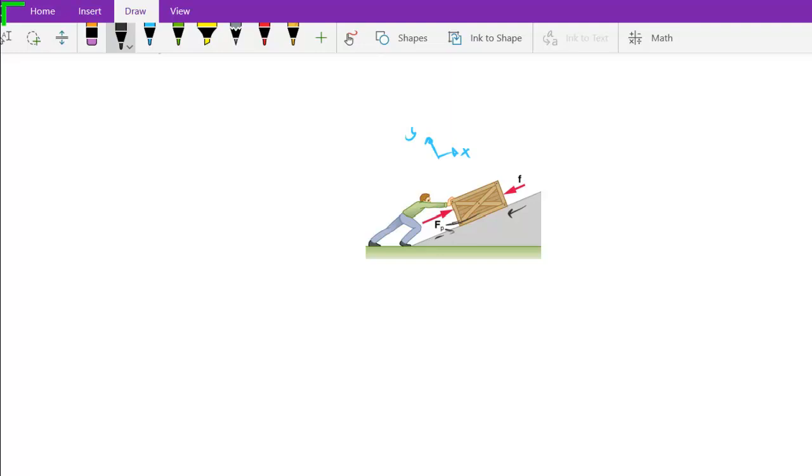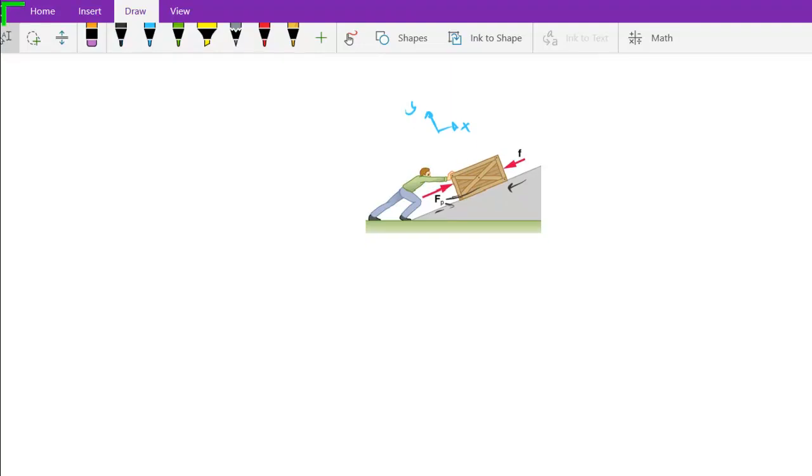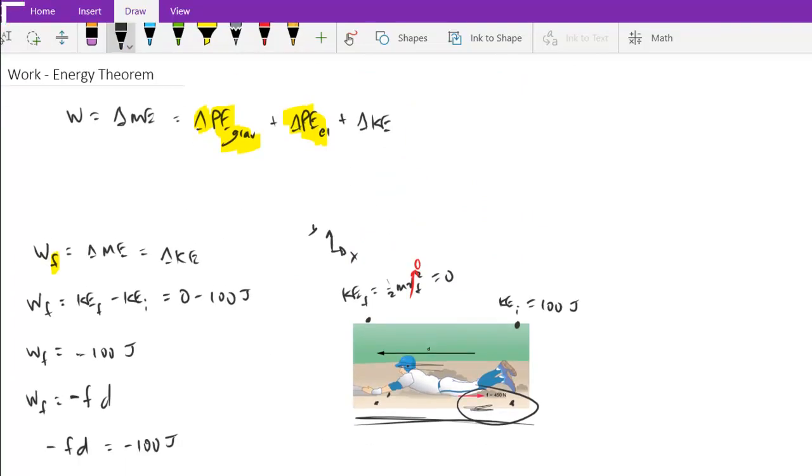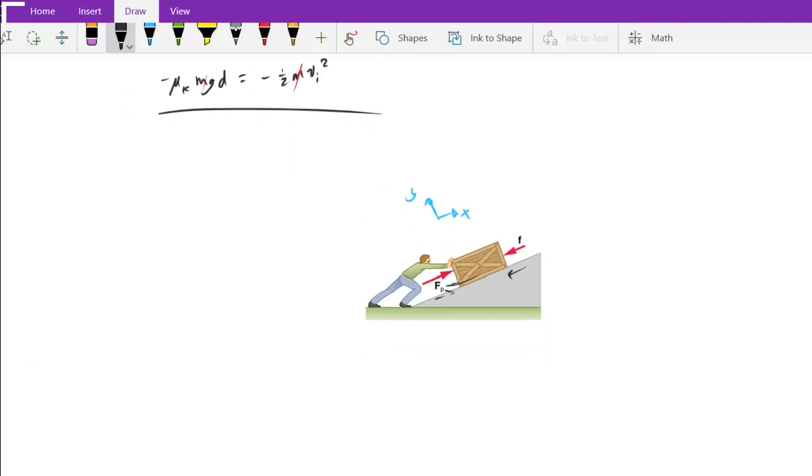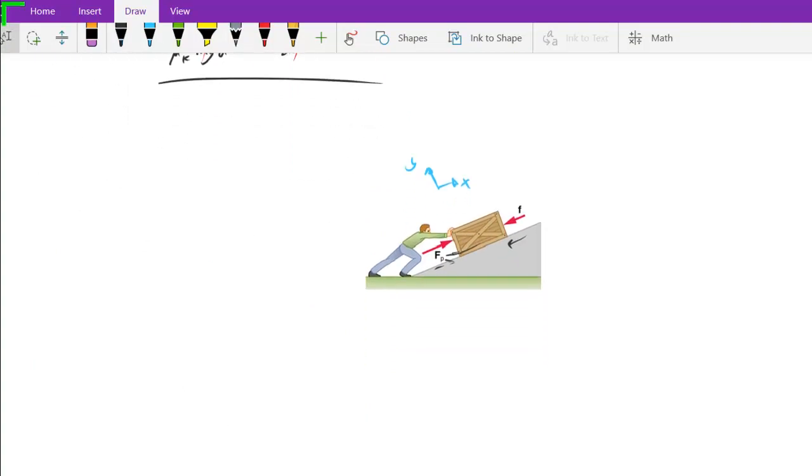And so we can say that the sum of all the works, that's really, I should have said the net work, is equal to the change in mechanical energy. W net is going to be equal to the change in energy here.